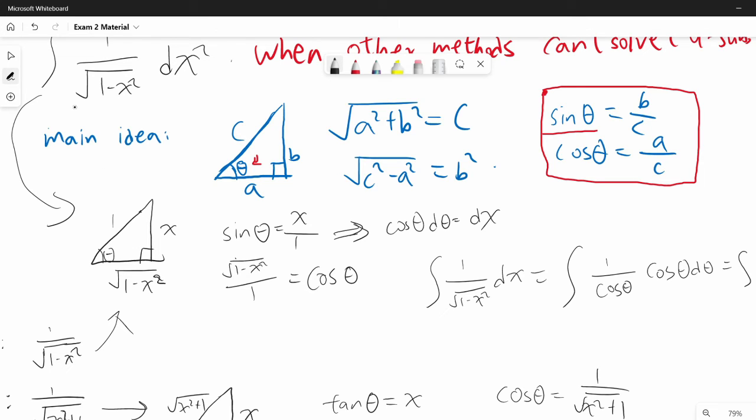And you see that this part really comes out for this bottom part, the square root of 1 minus x squared. It's a cool, clever way of getting at this.